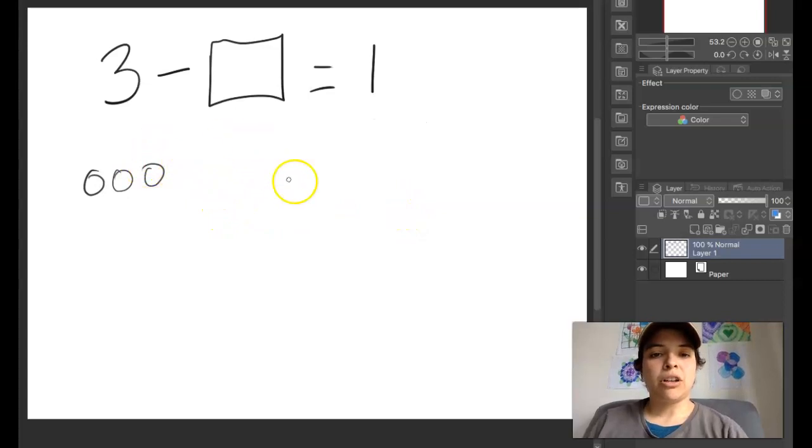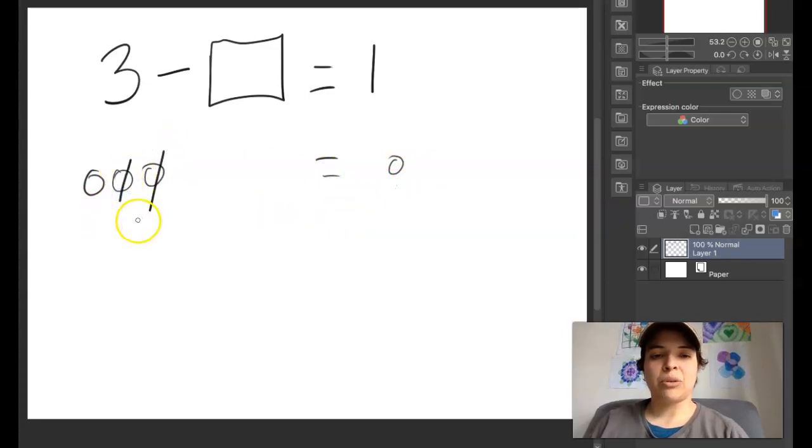So if we're starting off with 3 and we know we want that to eventually become a 1, then we need to think about what we can do. 3 minus what would leave only 1? So one way that we can start to do that, okay, I crossed off 1. How many do I have left? 1, 2. Is 2 the same as 1? Well, no, it's not.